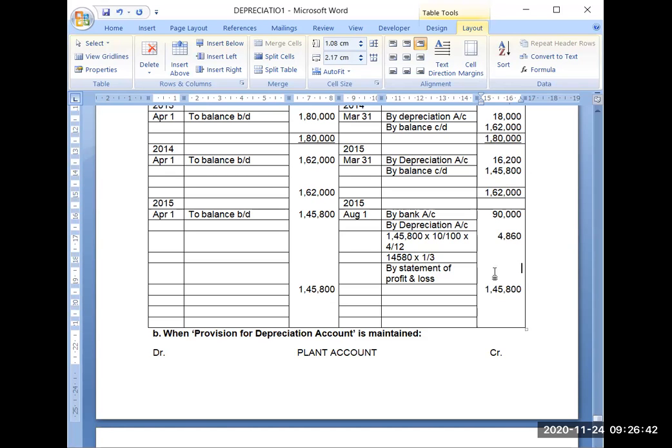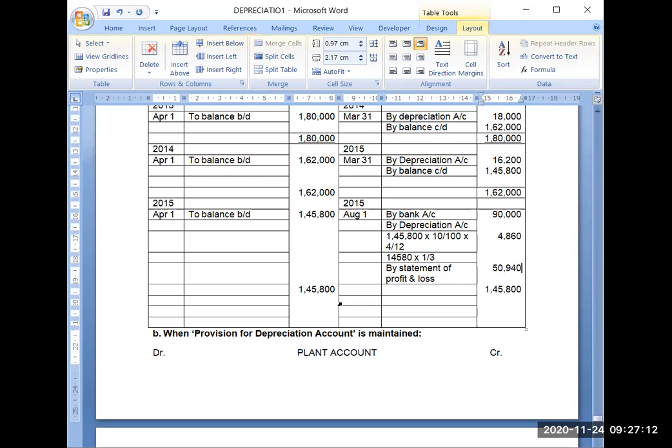So 1,45,000 to 1 lakh, and then 45, then 55, 51, 50,940. Yes, it will be 50,940.